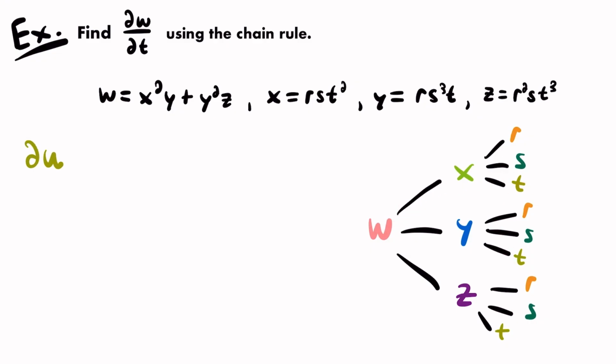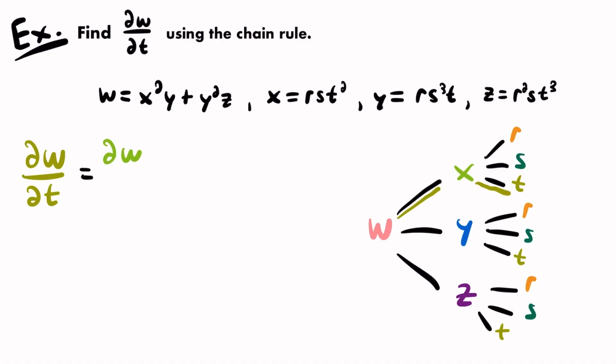We'll have the partial of w with respect to t is equal to the first term, which will be based on x. All right, we're going to take the path from w to x to start. So that will be this path right here. And then we'll go from x to t. So we'll take a partial of w with respect to x, and then a partial of x with respect to t.